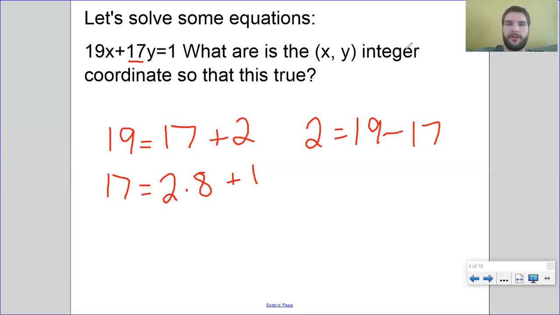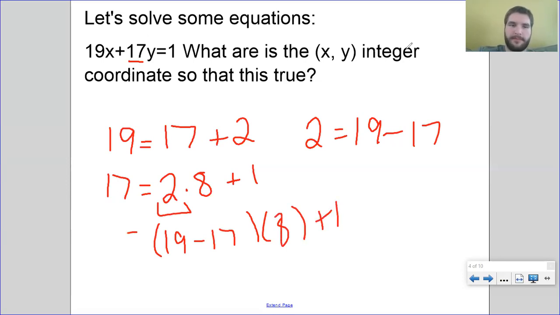So if that's true, why don't we sub this out for 19 minus 17? And how did I get 2? 2 was whatever was left over. I said 17 can go into 19 once, and then it has a remainder of 2. And then 2 can go into 17 8 times, and then it has a remainder of 1.